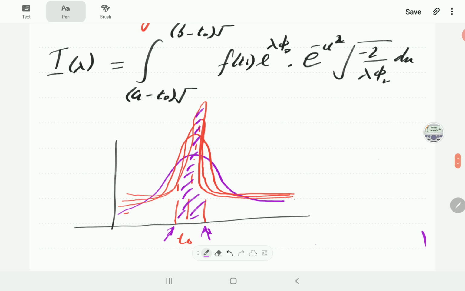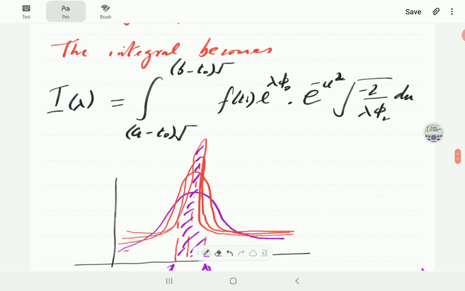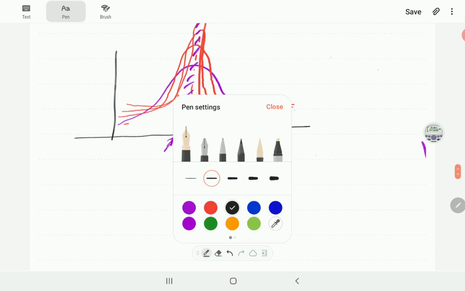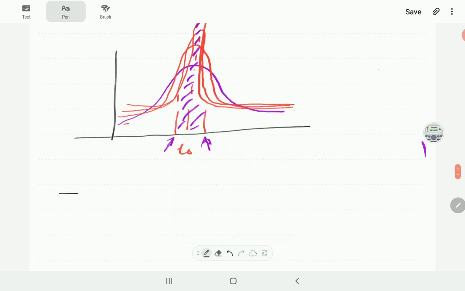So in our integral, this, which is negative, we're going to adjust to negative infinity, and this one we're going to adjust to positive infinity. So our integral is now going to look something like this.